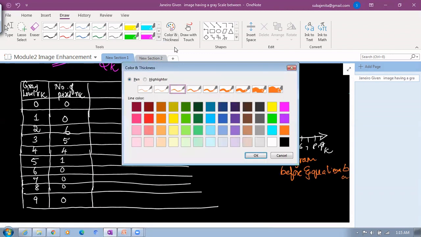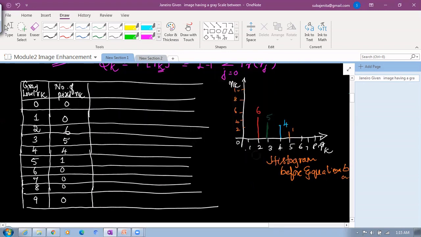The next column to fill is the probability density function. The probability density function PR of RK is given by NK divided by M cross N. Let me explain this with a simple example.